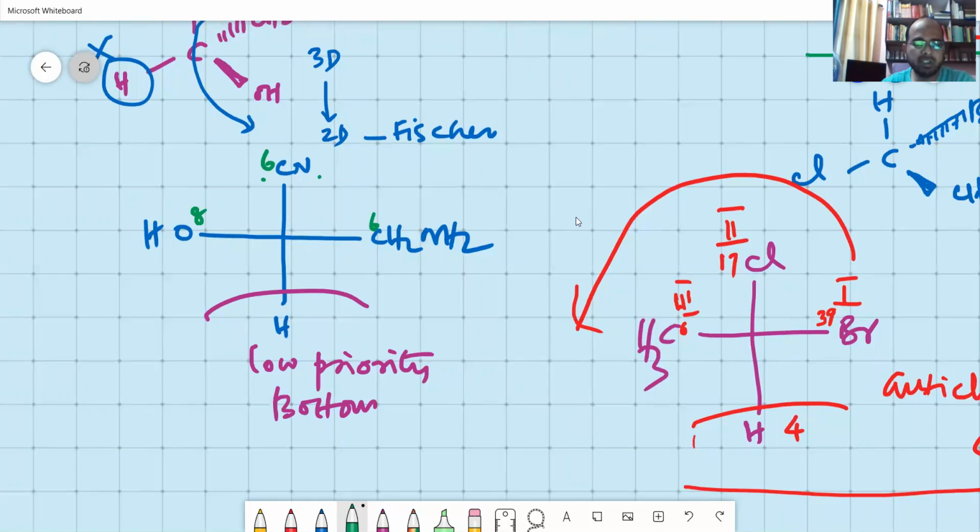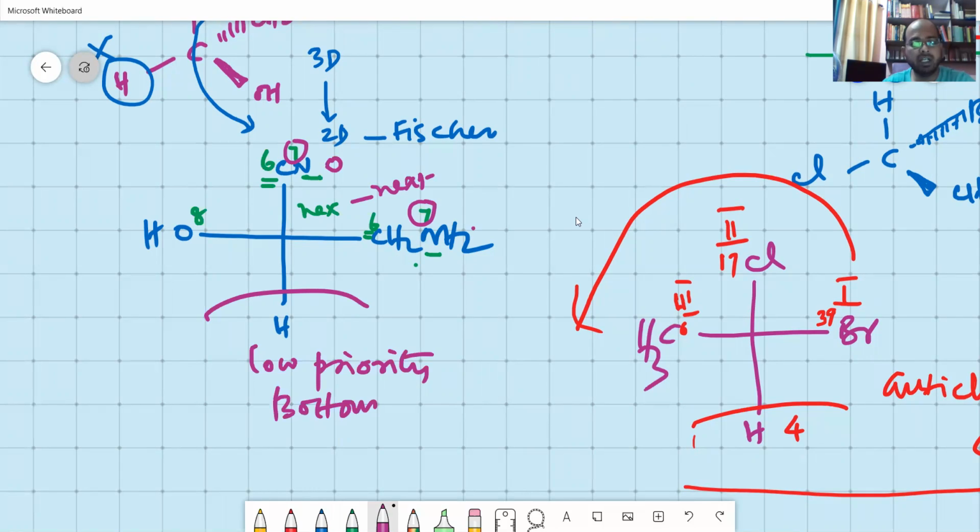Because both of them are the same, 6, you have to look into rule 2. Next atom. Here the next atom is nitrogen, it is 7. Here also the next atom, nitrogen, is 7. Okay. So both are again the same. So what you have to do? You have to look into the next. Here the next is 0.